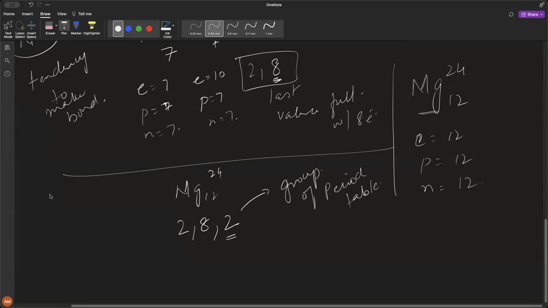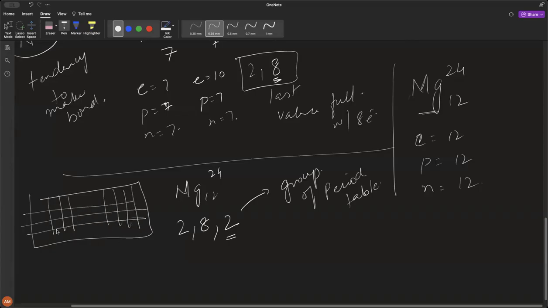We'll look at it later. If you look at the periodic table, you will see that it is divided into groups. There are 8 groups and there are periods. Periods are rows and groups are columns.